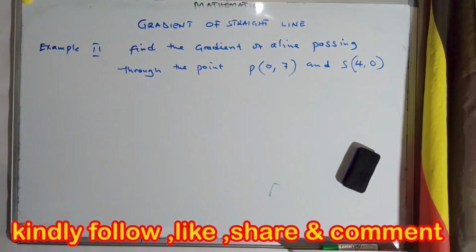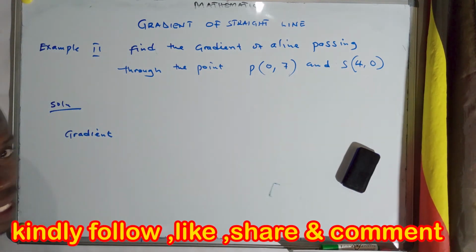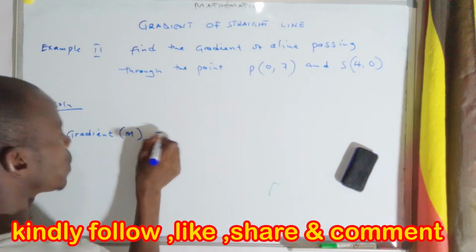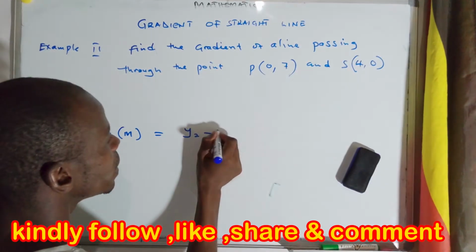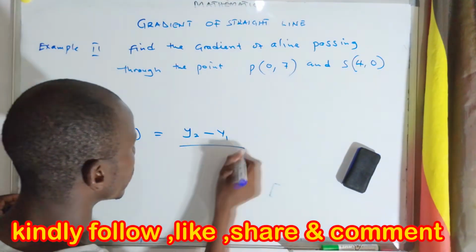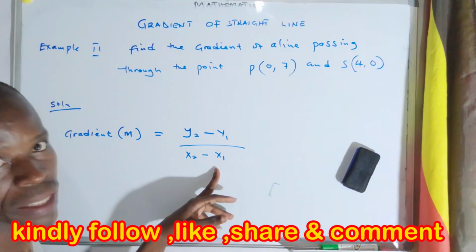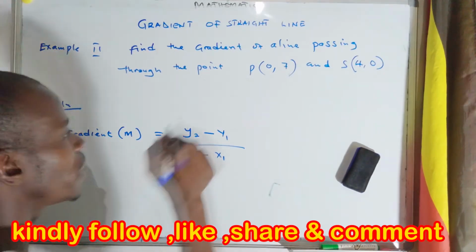Okay, let me solve it. In the previous example I said gradient, in short form you write m is equal to change in y coordinates over change in x coordinates, y2 minus y1 over x2 minus x1. So you come here. The first point is here.